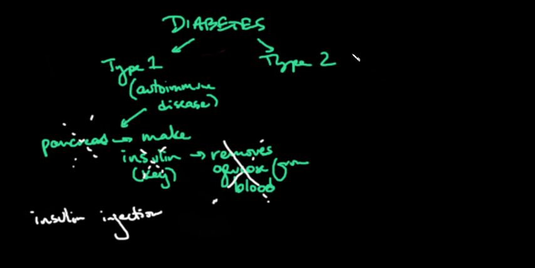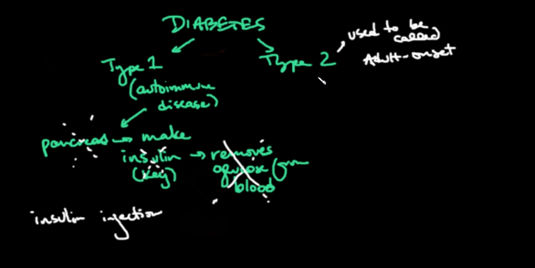So type 2 diabetes used to be called adult onset diabetes. No longer so because we see it more and more in kids.